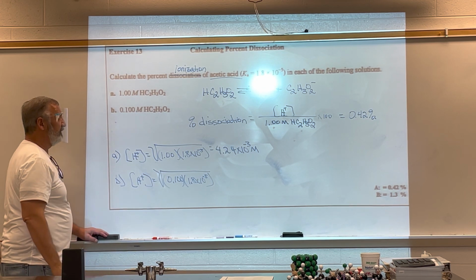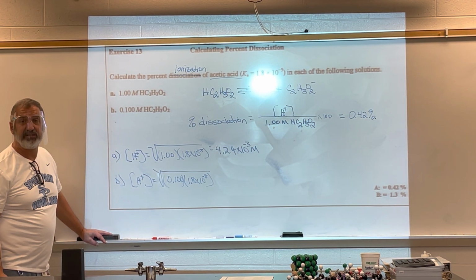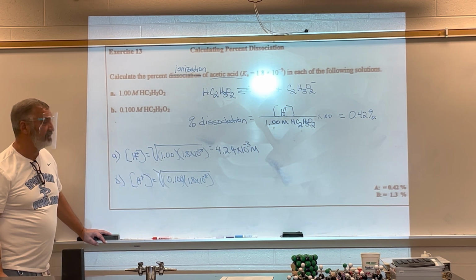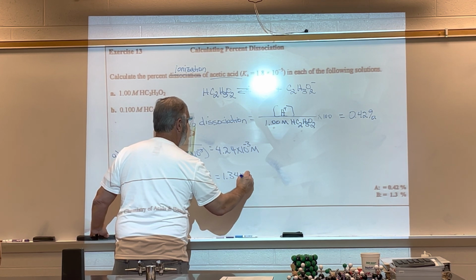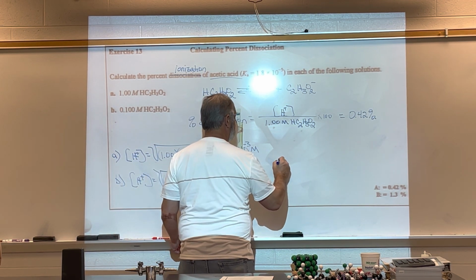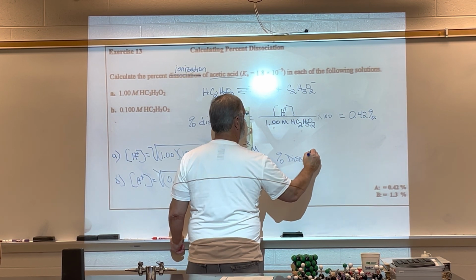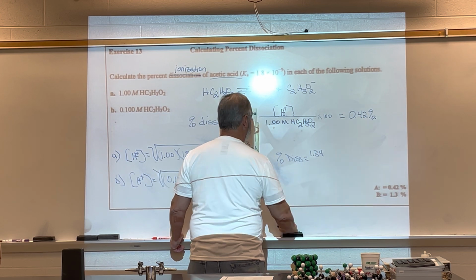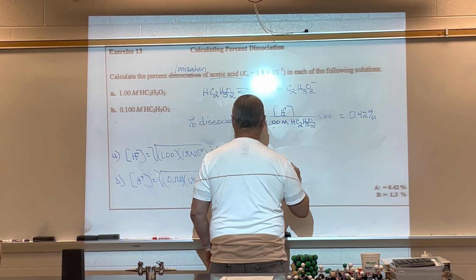Now it's going to be the square root of 1 times 1.8 times 10 to the minus 6. 1.34 times 10 to the minus 3. So now my percent dissociation is going to equal 1.34. Well, I don't even have to do the math on that. Again, oh no, it's divided by 0.1.